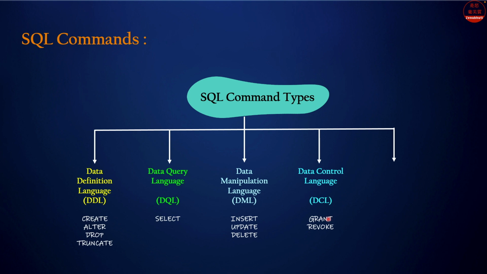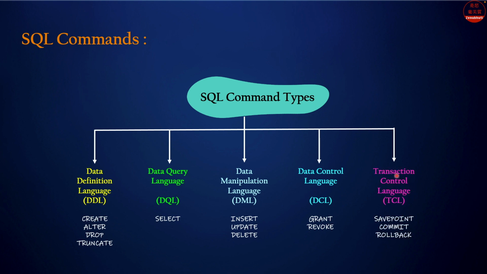Then we need to grant those permissions, and we use the grant command. And if you want to revoke those given or existing permissions, then you can use the revoke command. So basically, these two commands are used to manage and control the access of our database.